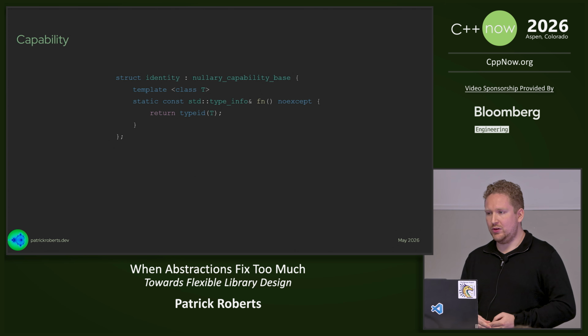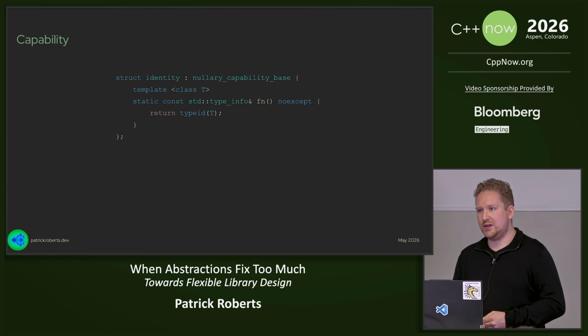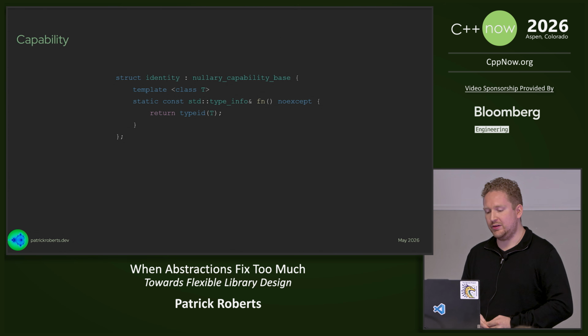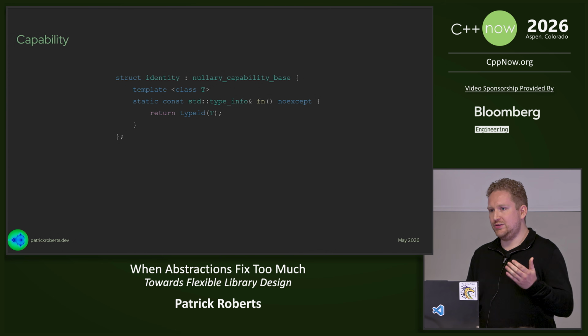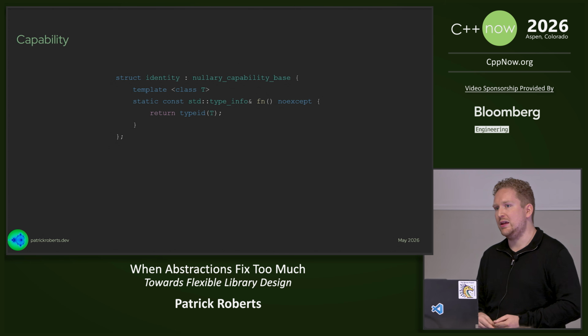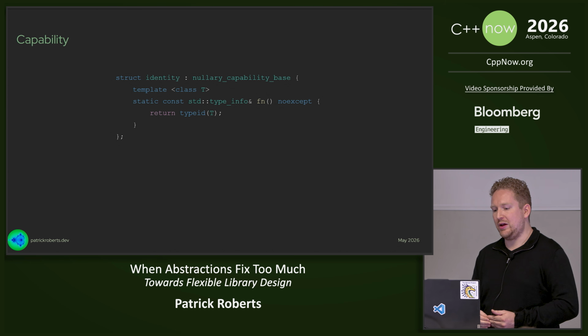So another one, a nullary capability, one that doesn't take any receiver arguments. And it's kind of interesting because you still need a receiver in the type erase case to actually dispatch. But once you've dispatched, the implementation itself doesn't have a receiver. It just does some sort of thing that's based solely on the type, and it doesn't require any value information about that type.